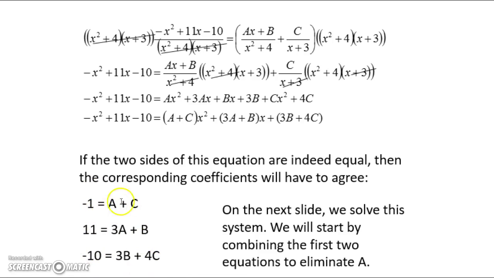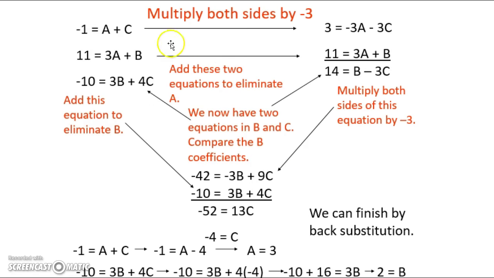And so we can use elimination, we can use substitution, however you want to do it. We need to solve for a, b, and c. So what we're going to do is take this first equation and multiply both sides of it by -3. Then we'll take the second equation and add them together, because if we multiply this by -3, that's going to eliminate a for us.